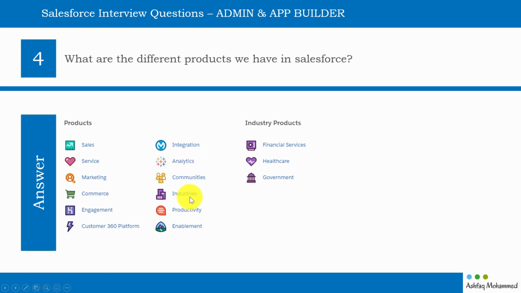They have industry specific products as well, like health cloud or financial cloud, many other industry clouds. They have some productivity softwares as well as enablement software, and industry products like financial, healthcare, government. So these are a couple of products Salesforce has today.